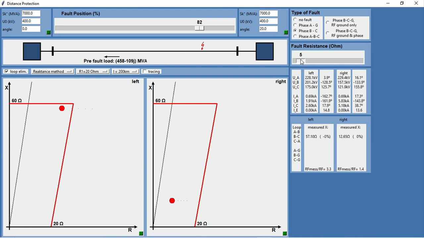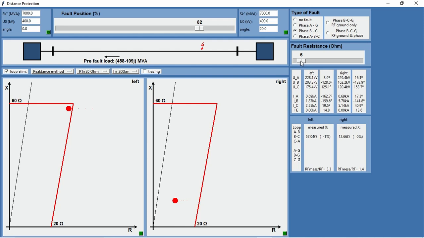That means it really gives a better measurement in case of fault resistances and pre-fault load flow. And for that reason, and because it also has some other advantages, we highly recommend to activate that method in our protection relays. So that was a short look at the simulation.